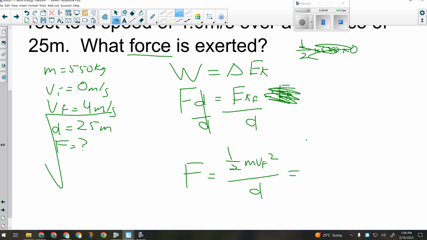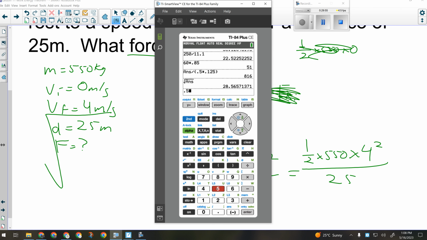So I'm going to have 1/2 times the mass of the rock, 550, times the speed of the rock, squared. That part is squared. And then I divide that by the distance, 25 meters. So 0.5 times 550 times 4 squared divided by 25. Okay, so I get 176 newtons.